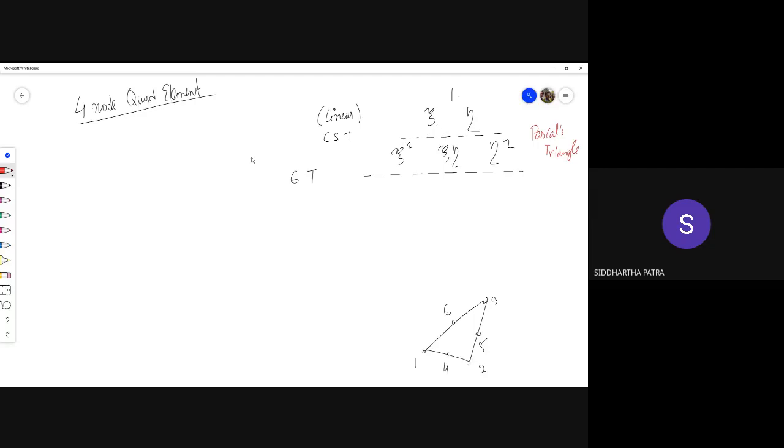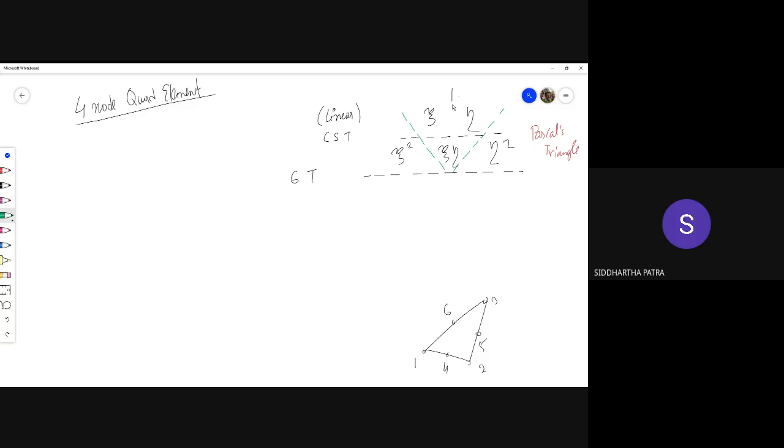Now, the 4-noded quad element works with this set of terms. There are 4 nodes, 4 shape functions, hence 4 polynomial terms.